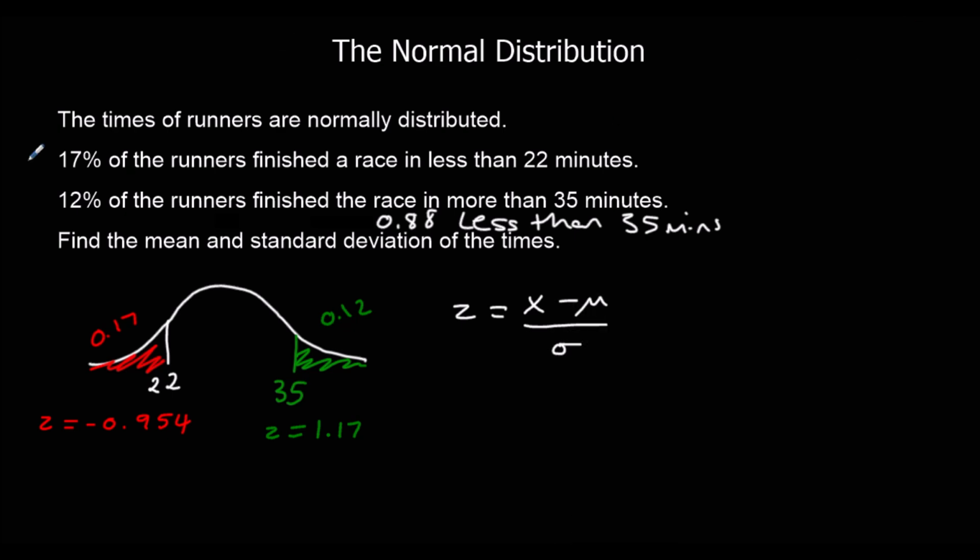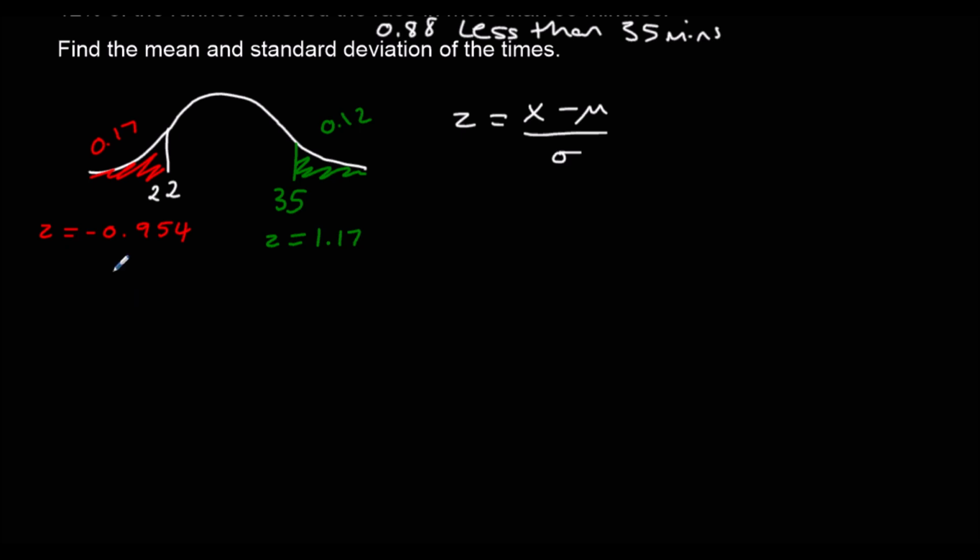So now we're going to form our two equations. So for the 22, we've got minus 0.954 equals 22 minus the mean over standard deviation. And for the second one, we've got 1.17 equals 35 minus the mean over standard deviation. So I've rearranged them to both be mean equals.